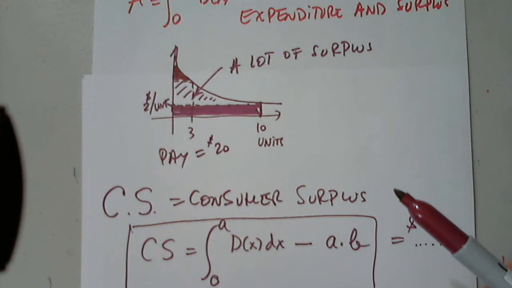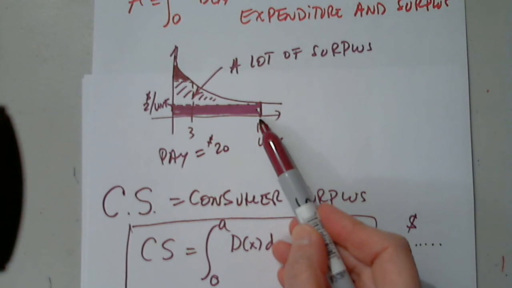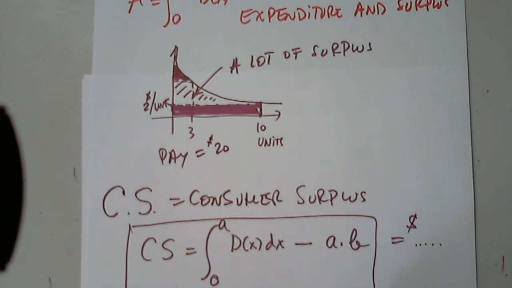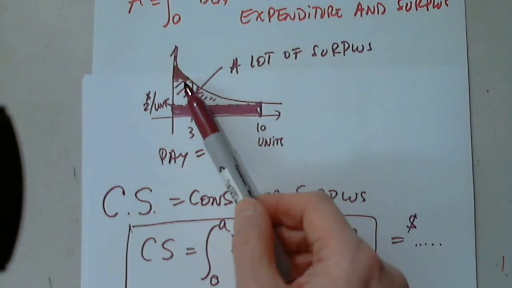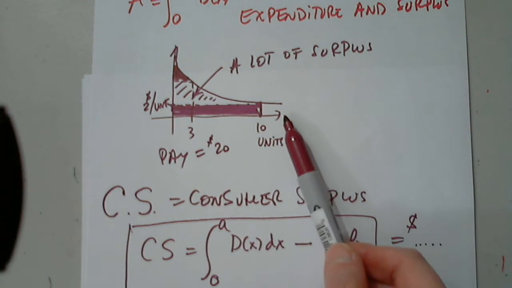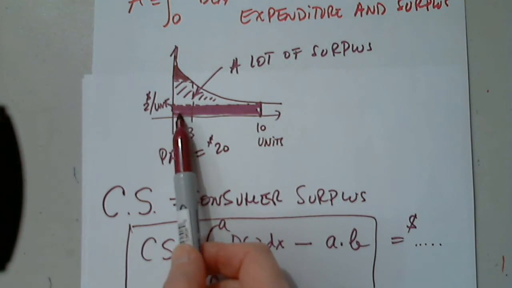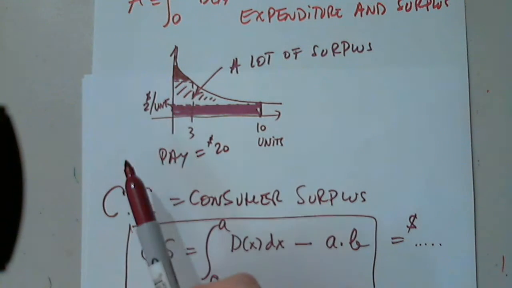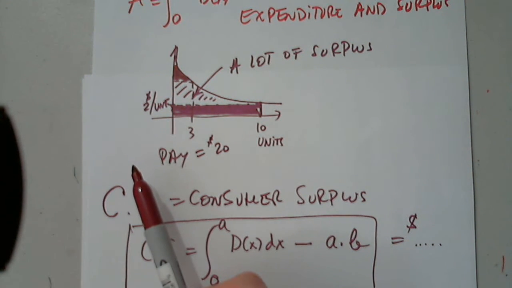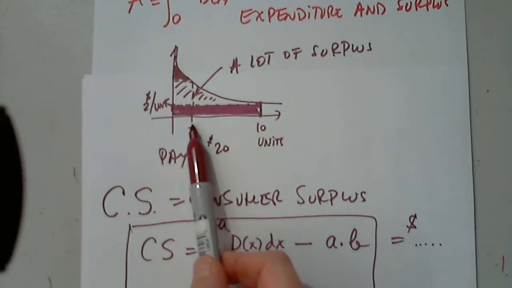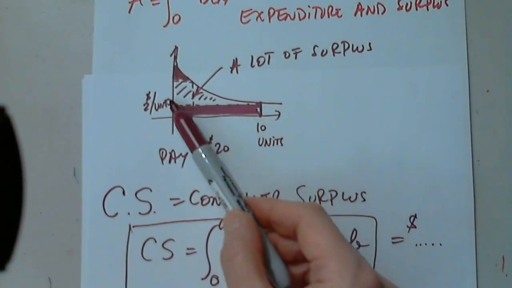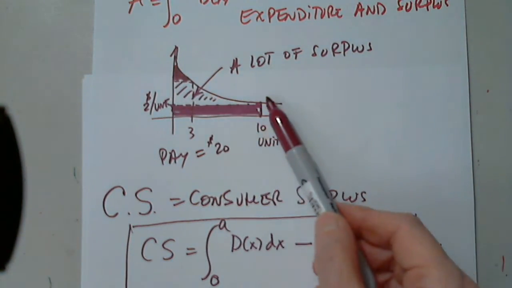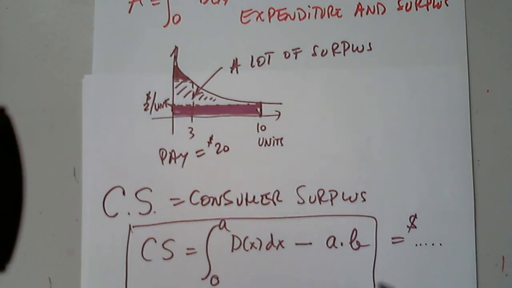It's something called utility. We're getting something extra that we are not paying for by buying more units. There is a surplus everywhere. Even if we buy 2 units or 1 unit, we still have a little bit extra that we are not paying for. As we increase the number of units, we are getting more and more extra, and that is translated into that area.